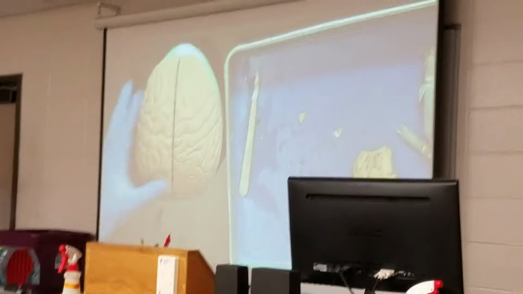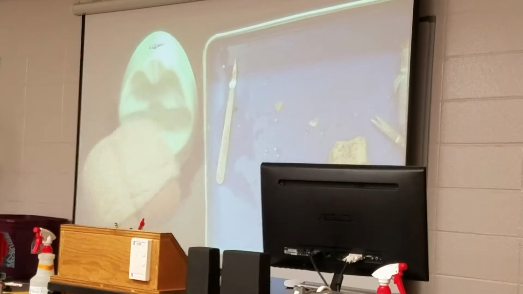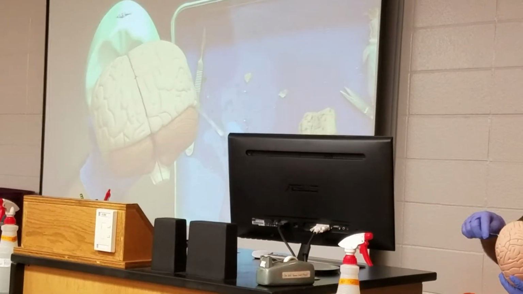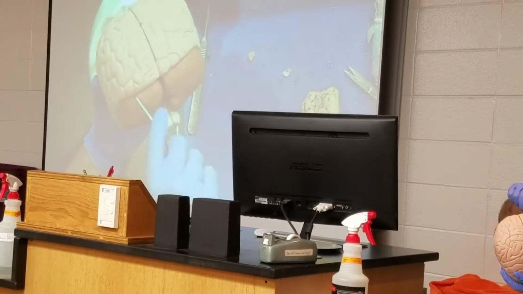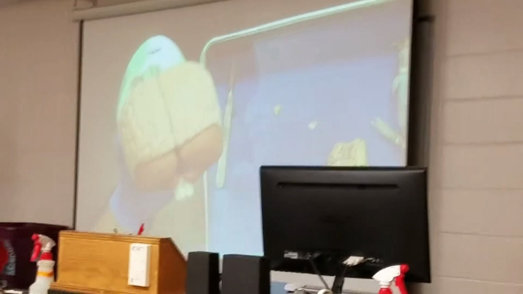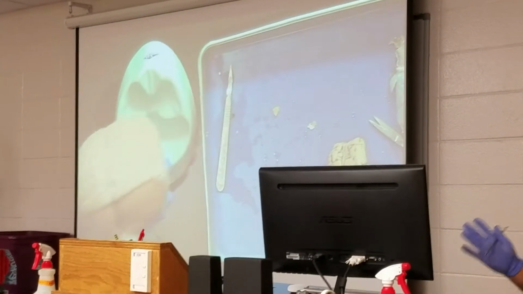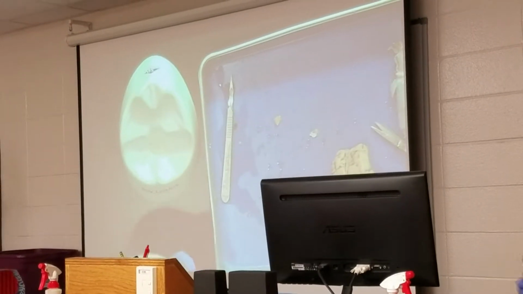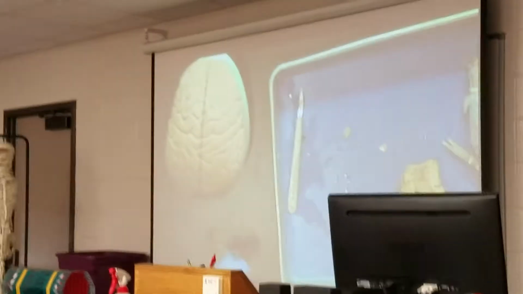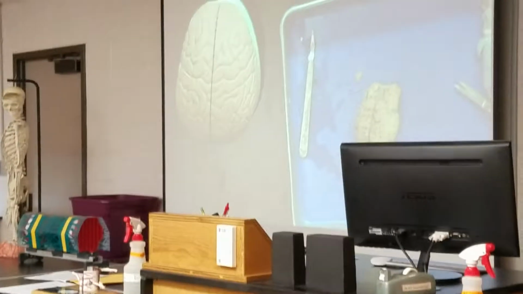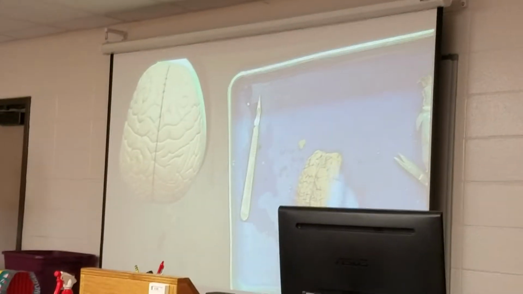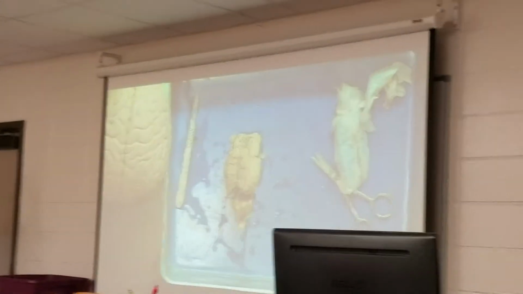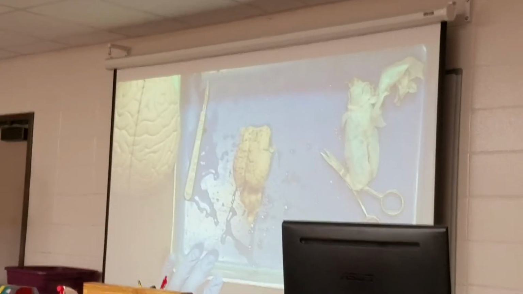Okay. On the newer brains, you might not see it very well, but there's the fissure that I was talking about, the transverse fissure separating between the cerebrum and the cerebellum. Any questions on any of this so far? Okay. On the sheep brain, it is literally impossible that we can pin the central sulcus, the precentral gyrus, and the postcentral gyrus.